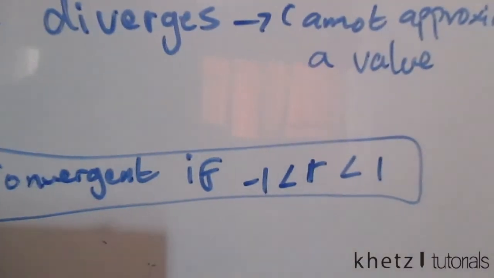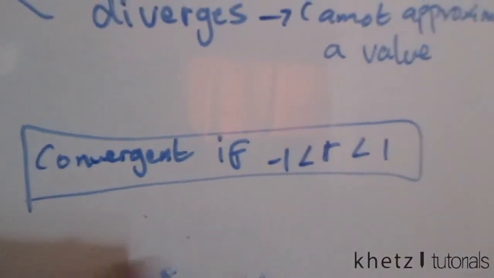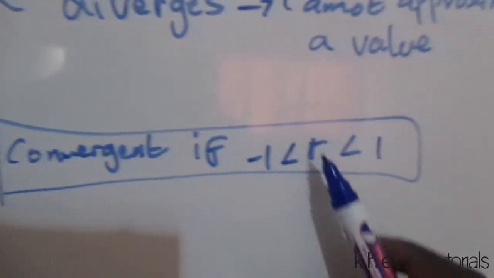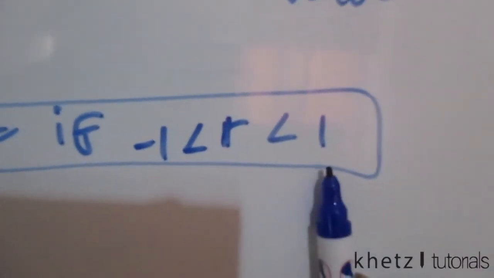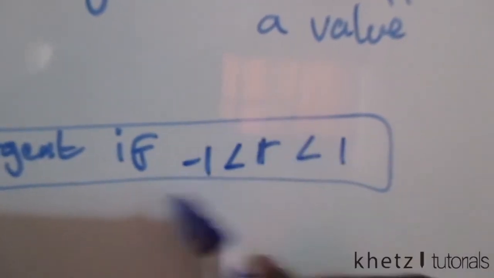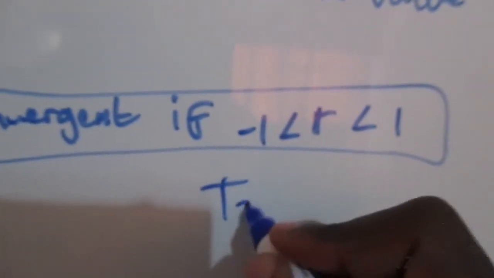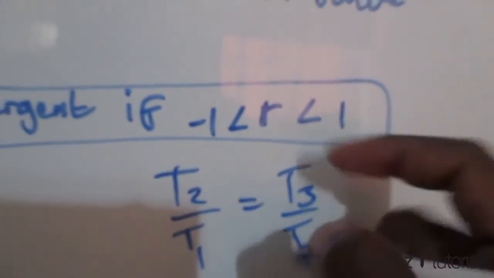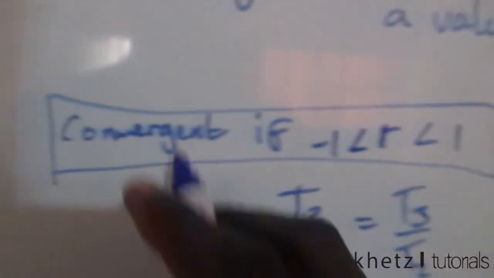So this is what you have to check for before you apply the formula, which I'm going to show you now. So if the geometric sequence does not have a ratio which is between -1 and 1, then it does not converge. If it has a ratio which is between -1 and 1, then it actually converges.